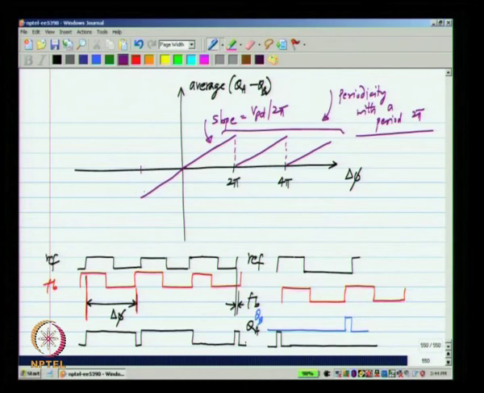And on the negative side also, let us say you go on increasing the lag of the reference with respect to feedback, it will be periodic with 2 pi, minus 2 pi, minus 4 pi and so on, and there will be a hysteresis any time you start with a positive value and go in the other direction.